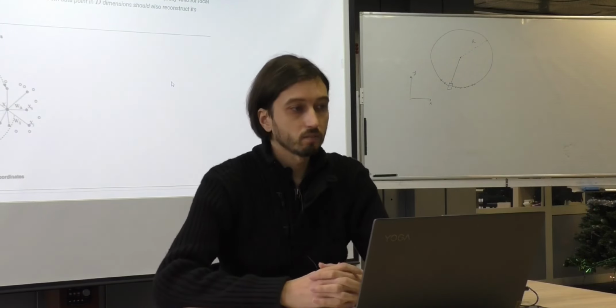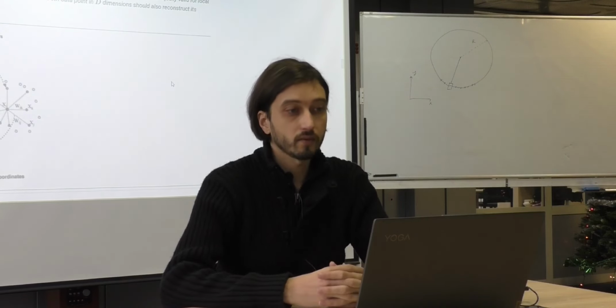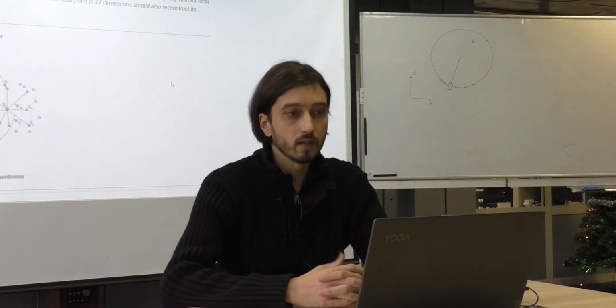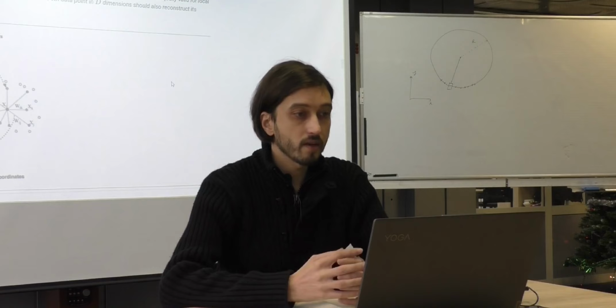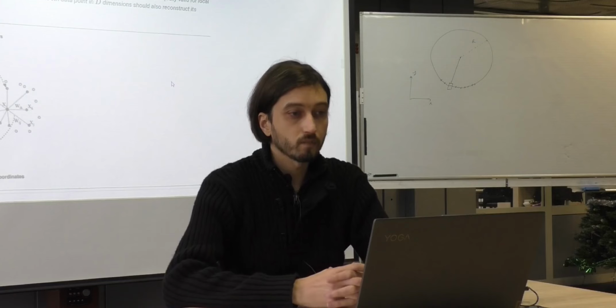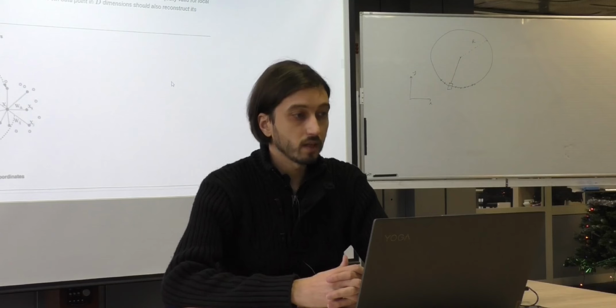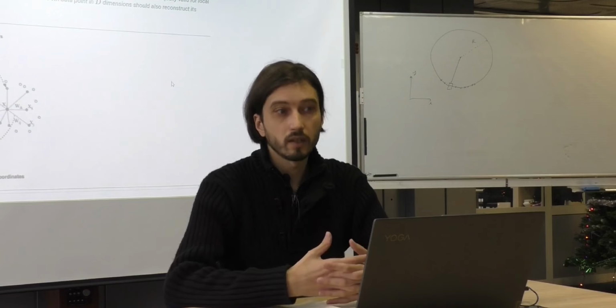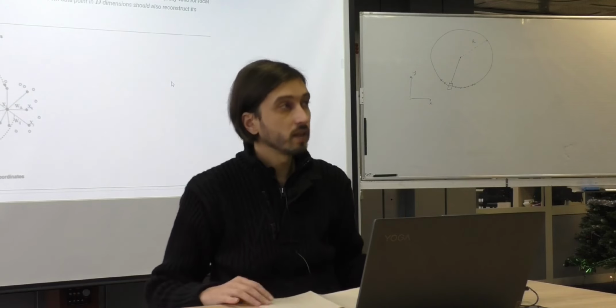LLE is based on simple geometric notions. Suppose your data consists of n real-valued vectors x_i, each of dimensionality d, sampled from some underlying manifold. Provided there is sufficient data, so you have many points and the manifold is well sampled, we expect that each data point and its neighbors lie on or close to a locally linear patch of the manifold. What did I tell you at the beginning of the lecture?